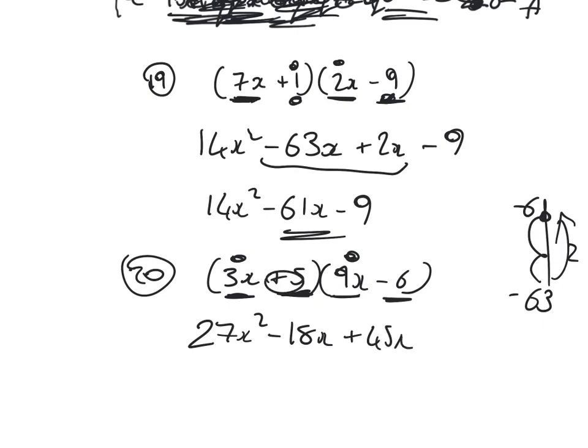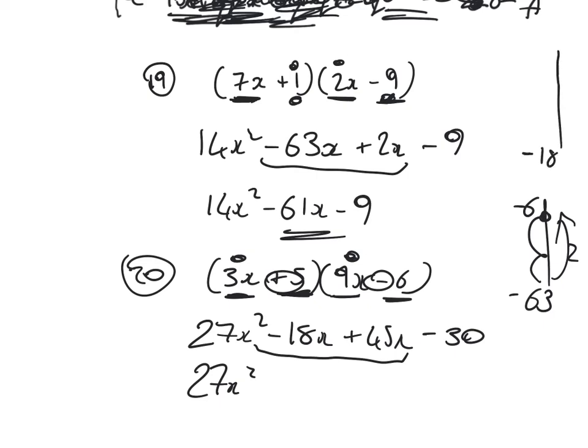And last 5 times minus 6 is minus 30. Let's tidy it up. 27x squared. I've got minus 18x plus 45x, so I'm at minus 18 and I'm travelling up 45. Take your time, have a think about it. And that will bring you up to 27x minus 30, final answer.